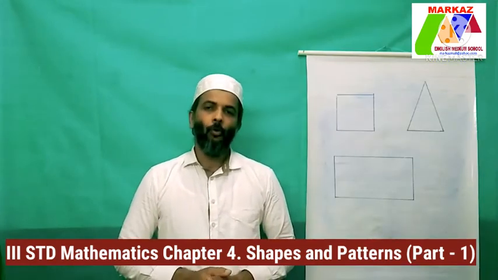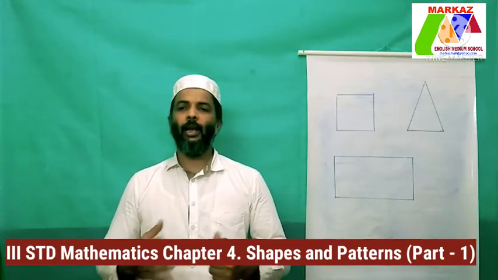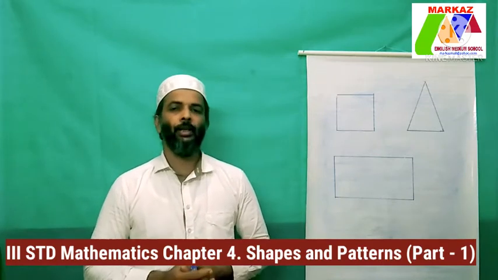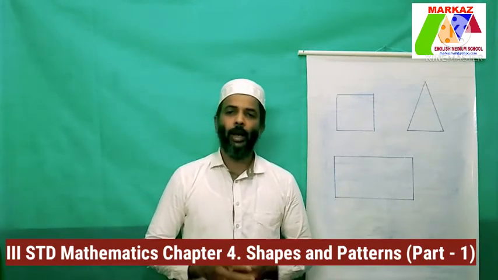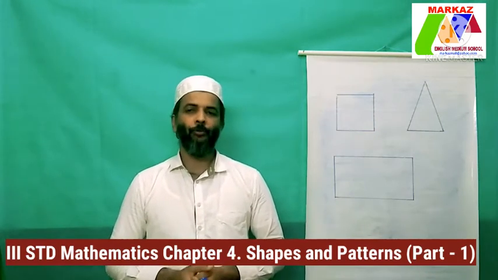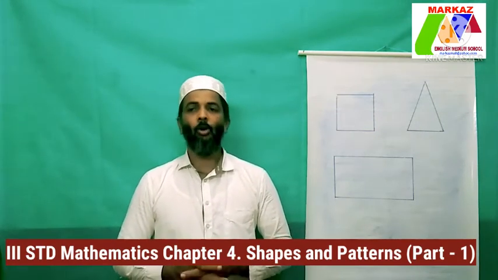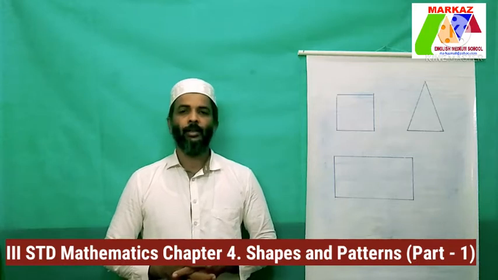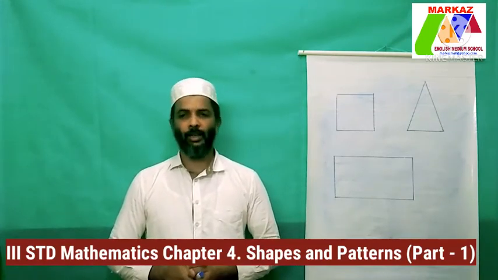Listen here. We need to give names to tell the width and length of each shape. So you can give each vertex a name. For example, first shape is square. How many vertices in square? There are 4 vertices. So we put different name for each vertex.